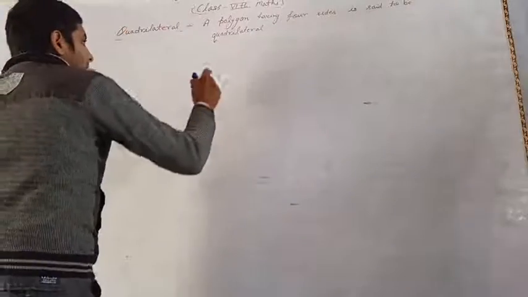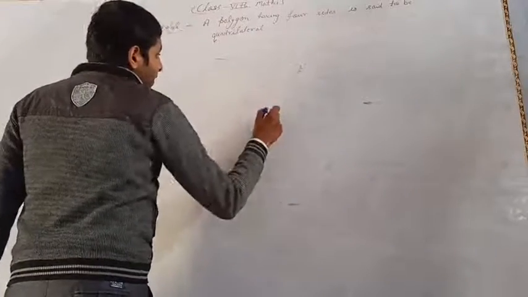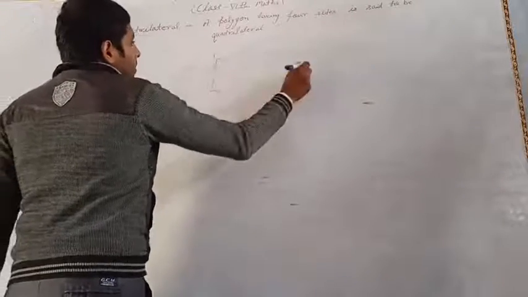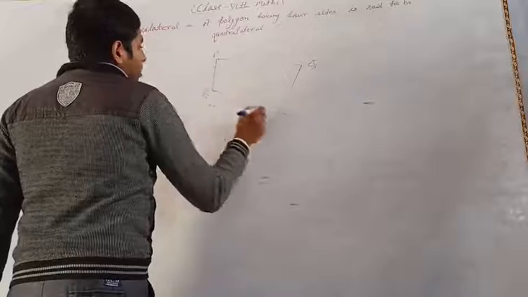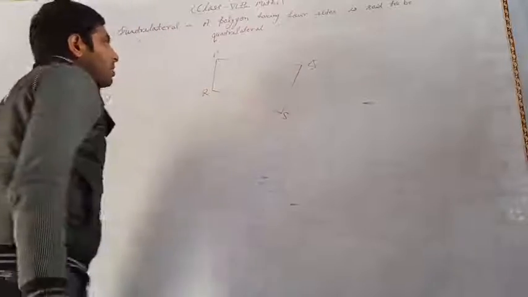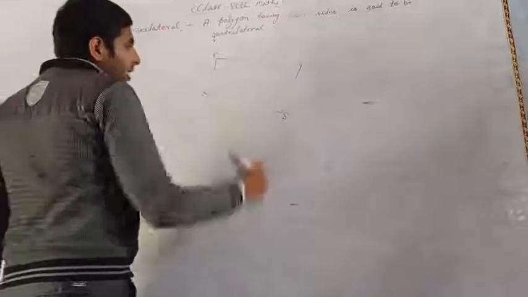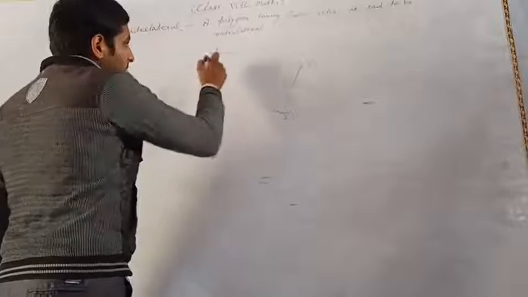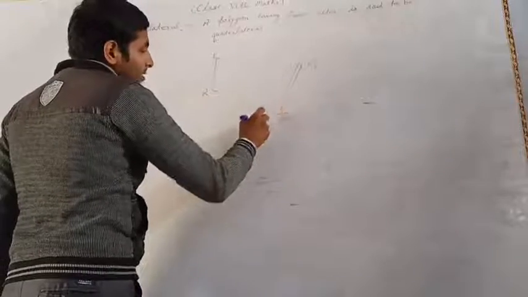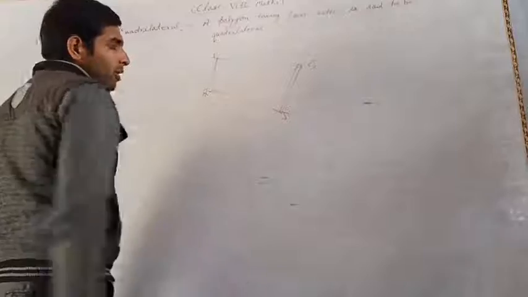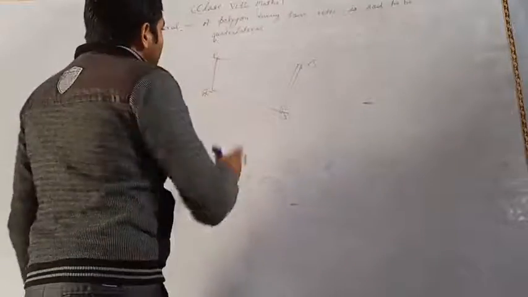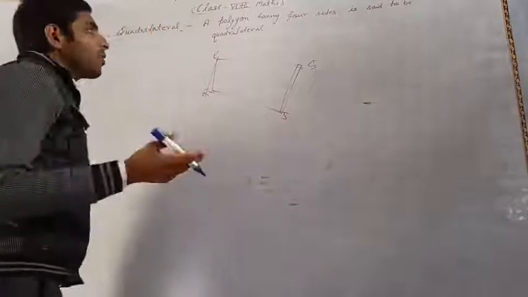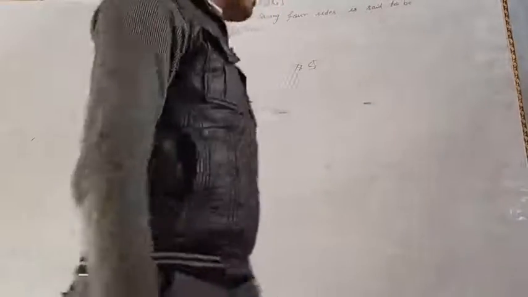As P, Q, R, S. So here PQRS is also a quadrilateral having four sides PQ, QS, SR and PR. So you can define that a polygon having four sides is said to be a quadrilateral.